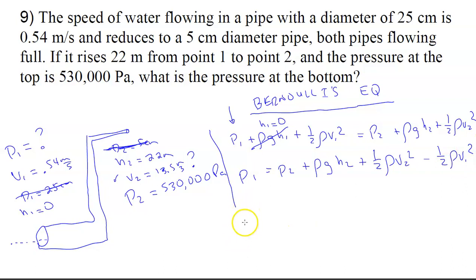All right. And I've got this number, that's 1,000 kilograms per cubic meter. Let's say 530,000 Pascal. Plus, right there, the density, 1,000 kilograms per cubic meter.